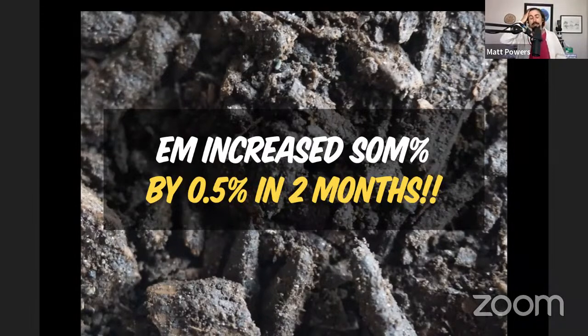This is folding time. This was done in Arizona, so conceivably they can go 10 months of the year. That means 2.5% a year would allow them to sequester 10% soil organic matter per acre in 4 years. It's absolutely bonkers.